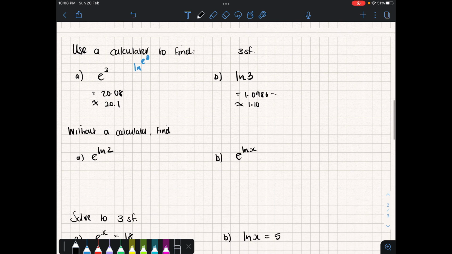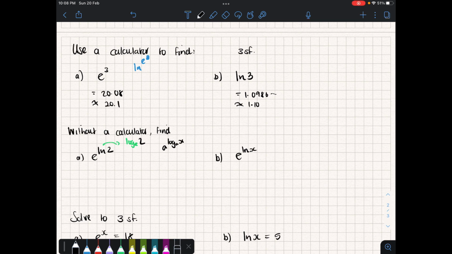Then some simple questions where we get asked to find without a calculator. So we have e to the power of the natural log of 2. Now we need to remember that the natural log is actually just log base e. So we have e to the power of log base e of 2, and we remember that if we had an exponent raised to the log with the same base, we could drop to whatever the value was.